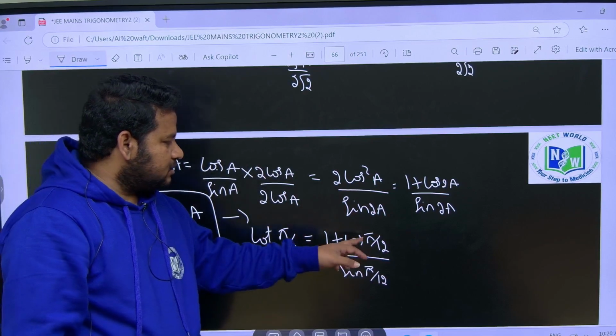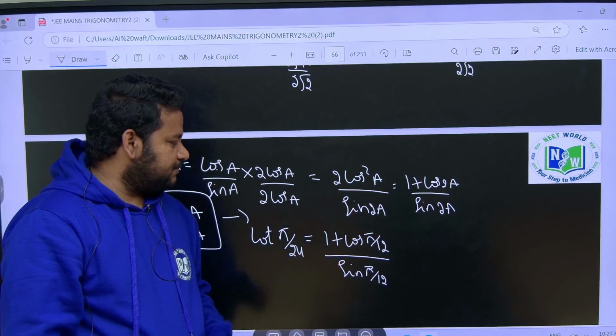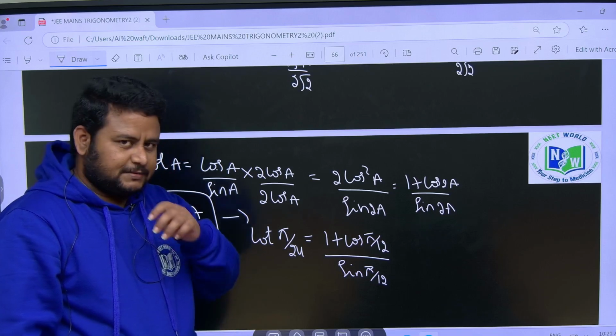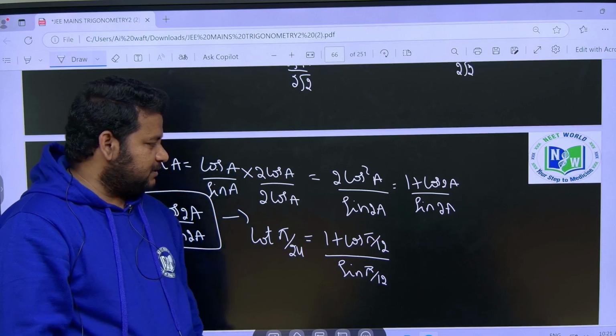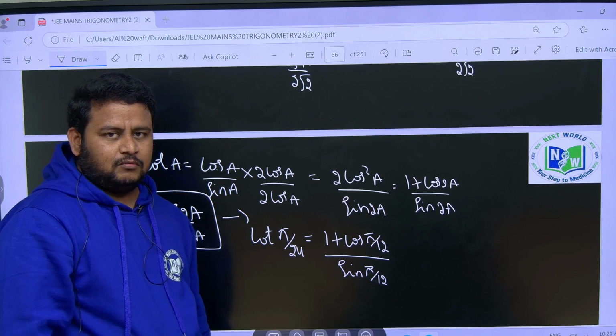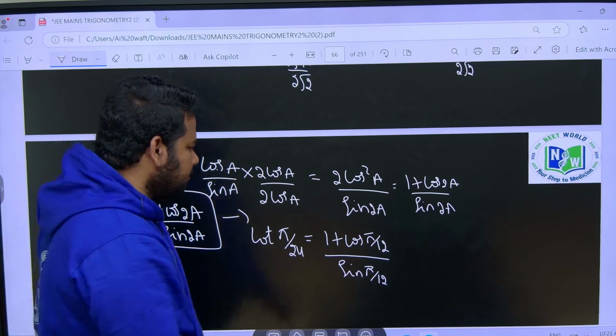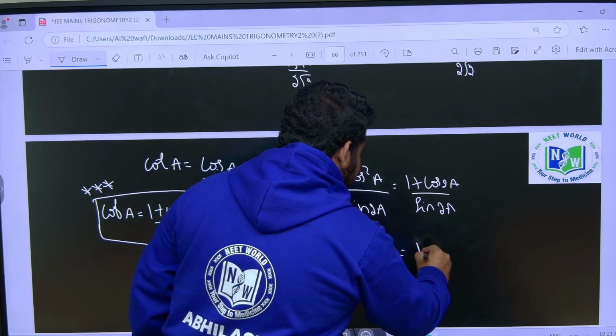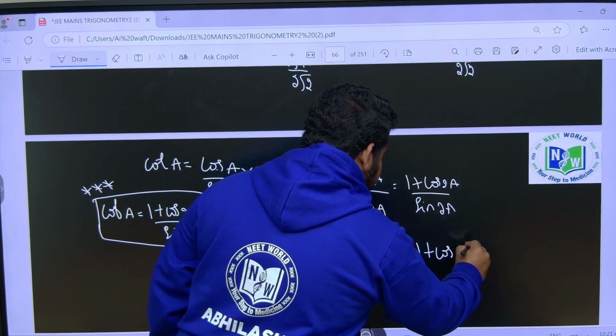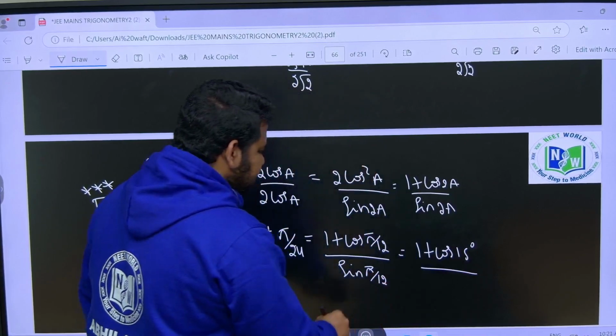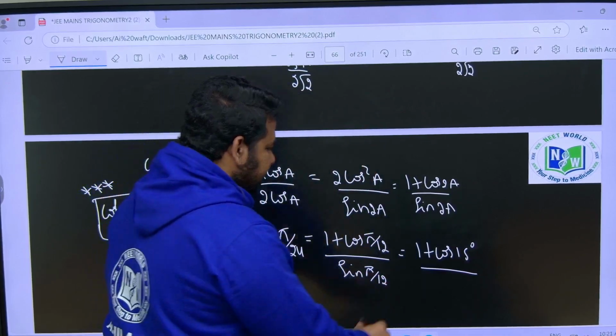Pi by 12 is 180 by 12, so it will be (1 plus cos 15 degree) divided by sin 15 degree.